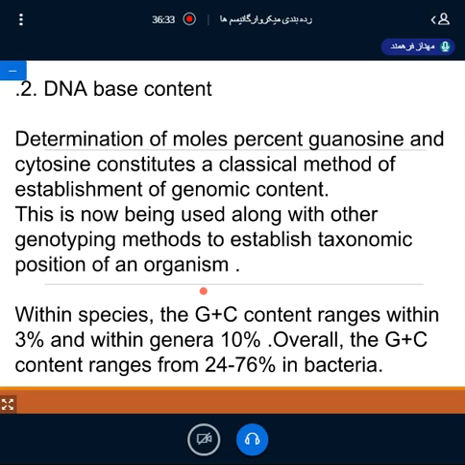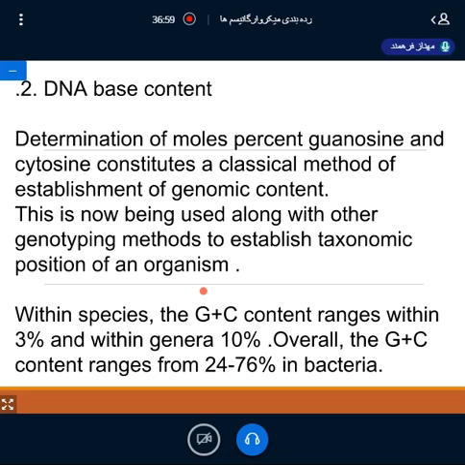For example, we want to see the similarity between elephant and monkey. We can measure the percent mole of combination of guanine plus cytosine, and then we can compare them to each other.